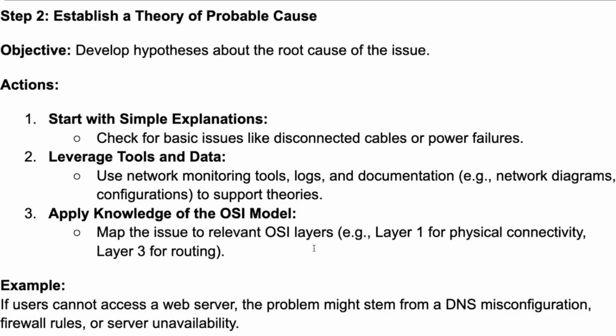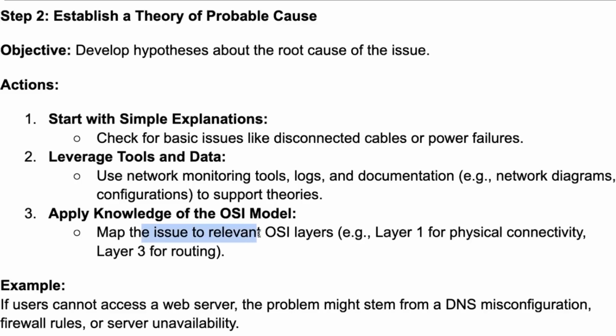It's getting a little bit further into the network layer where IP addresses are getting resolved to domain names, and probably beyond that. So you see, based on your theory and based on the intel that you've gathered, what layer of the OSI model that problem connects to, and then that will allow you to hone in further to try to see where you need to go to actually resolve the issue.